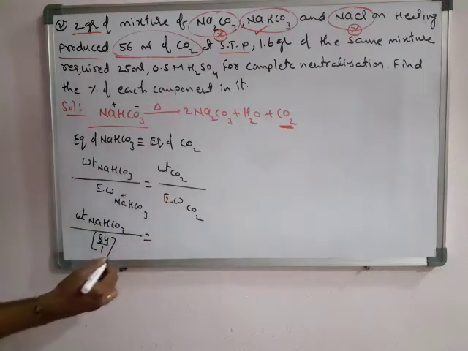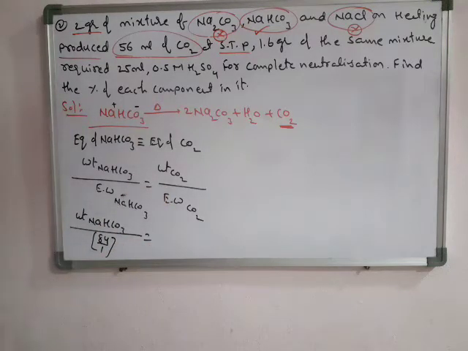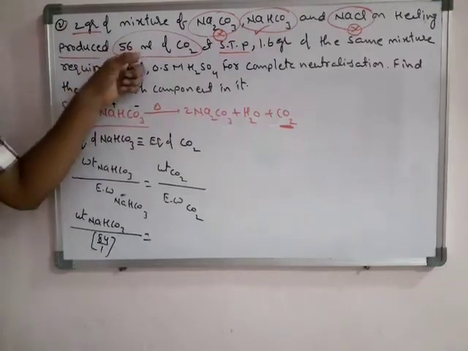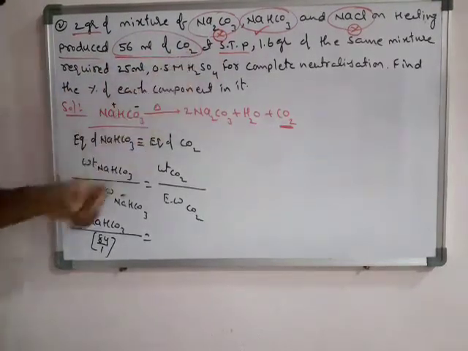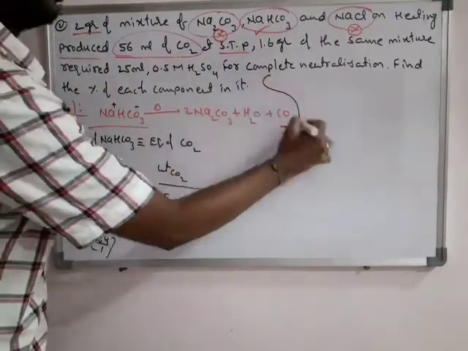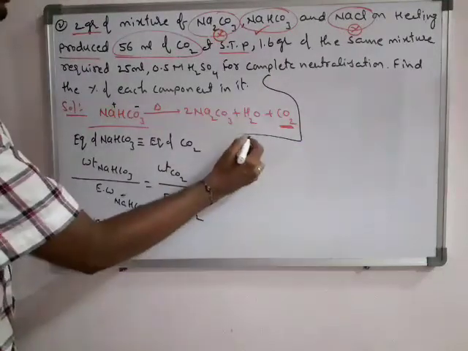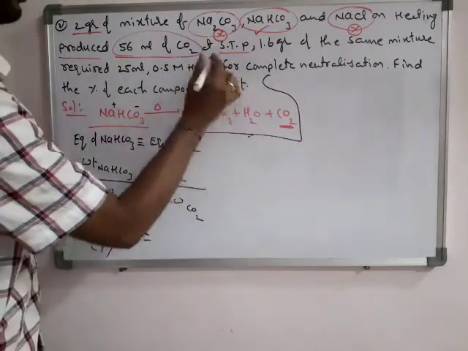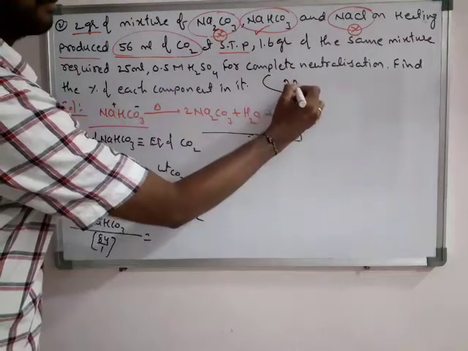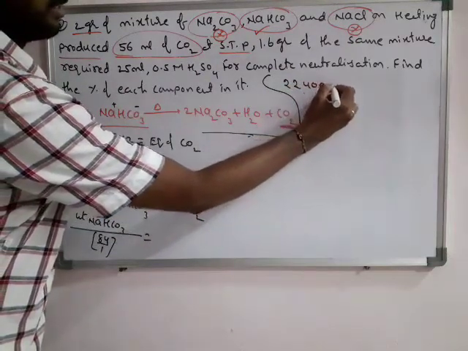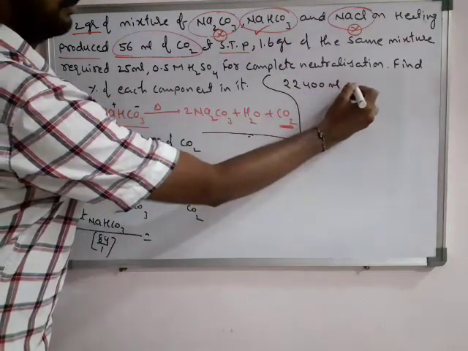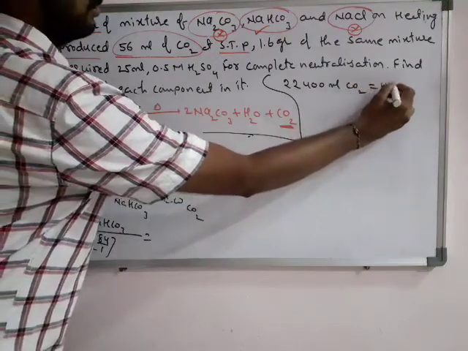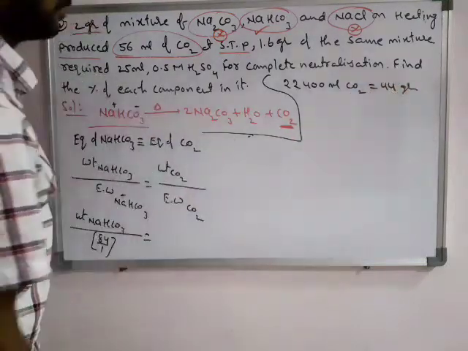What is the weight of CO2? The weight of CO2 is not given, but it is given that 56 milliliter of CO2 at STP. So we will calculate that separately. At STP we know that 22,400 milliliter of CO2 equals 44 grams.